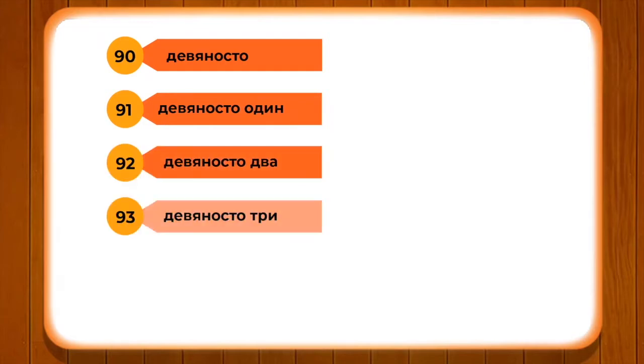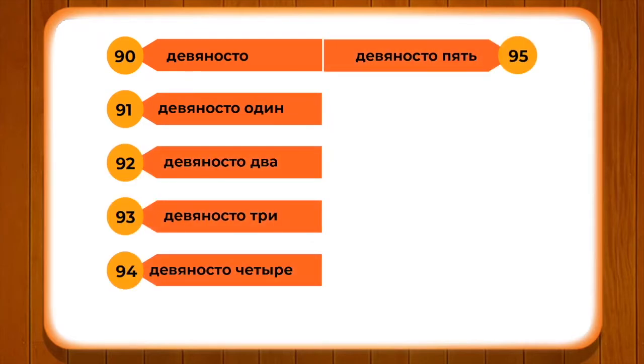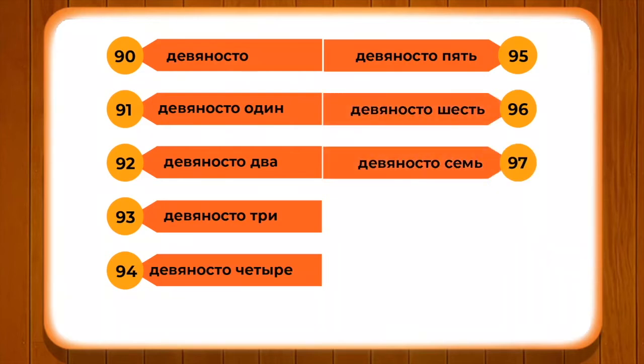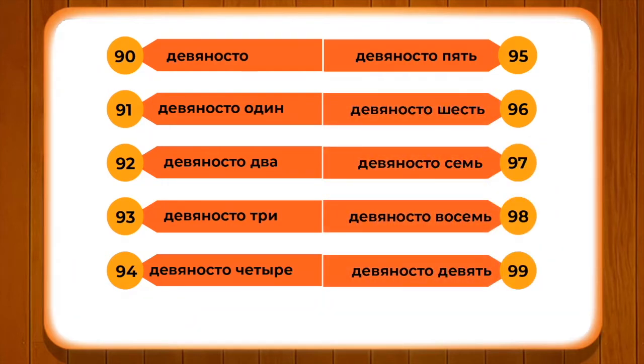From 91 to 100, please pay attention to the words which I am going to count for you. From 91 to 100 we can use 91, 92, 93, 94, 95, 96, 97, 98, 99 and then finally we have 100.